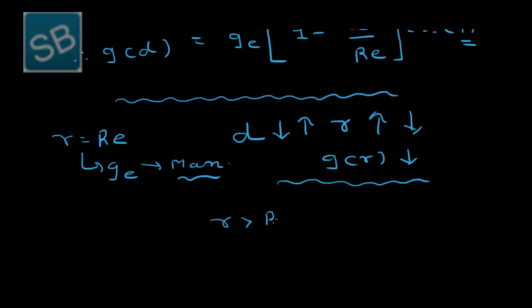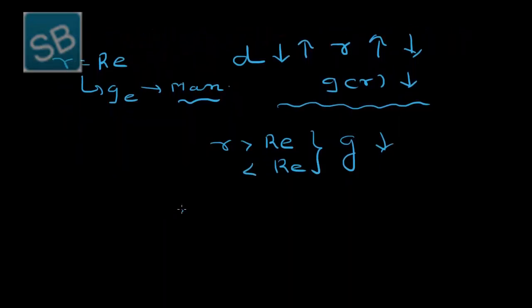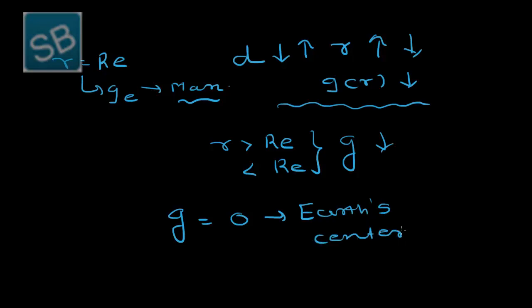So at r greater than re or r less than re, the value of g will decrease as we have seen in the graph, and it becomes 0 at the Earth's center. So the value of gravitational acceleration is 0 at center of the Earth. And this is most important MCQ.